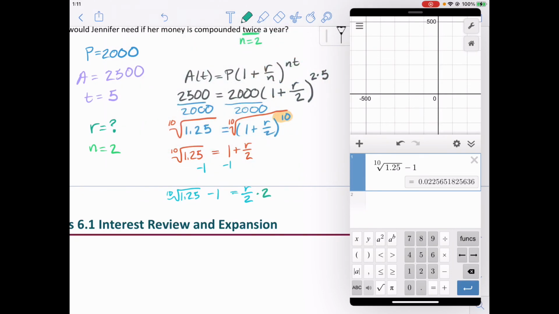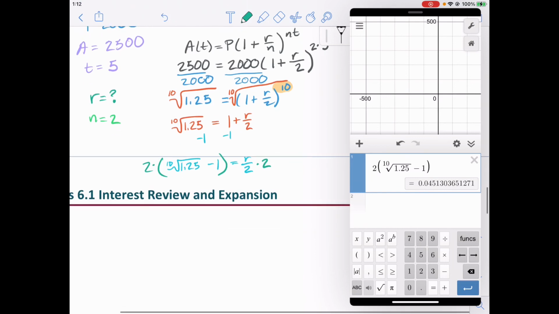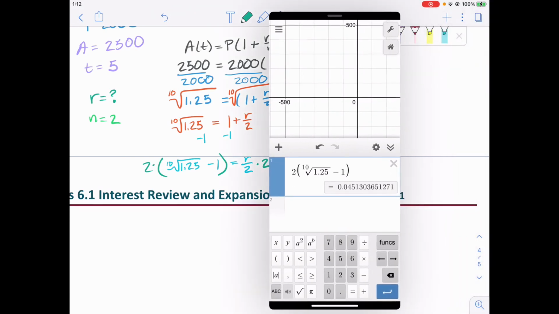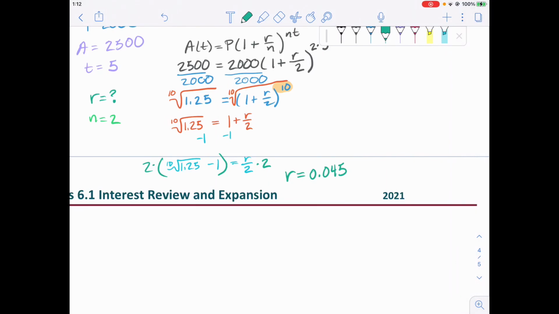So I'm going to multiply by 2 on both sides, multiplying everything by 2. And so we're going to put this in parentheses. And we're going to multiply by 2. And so then we get r is equal to 0.045. Okay, and so then we could say we need approximately 4.5%. If we want to make sure that we have at least that, we are going to go ahead and round this up.